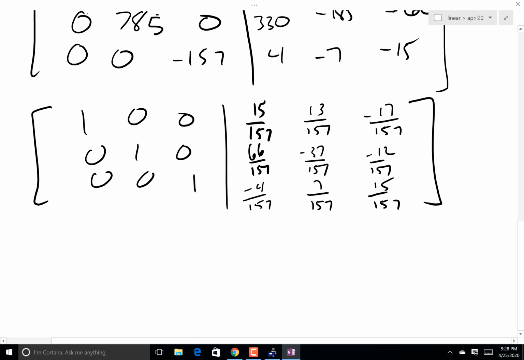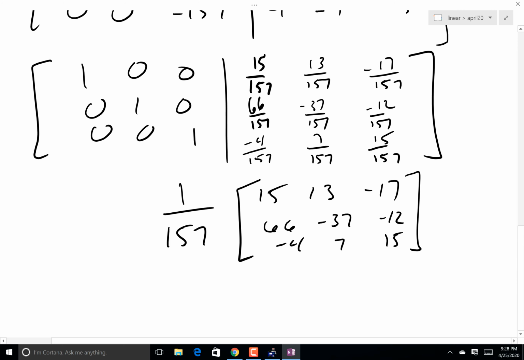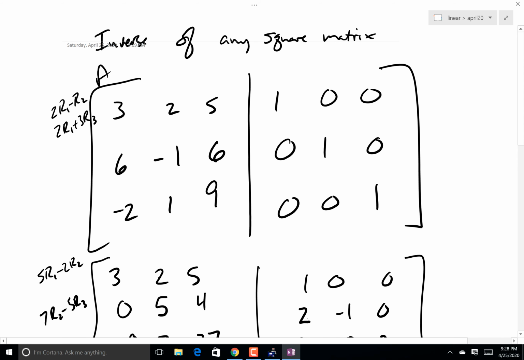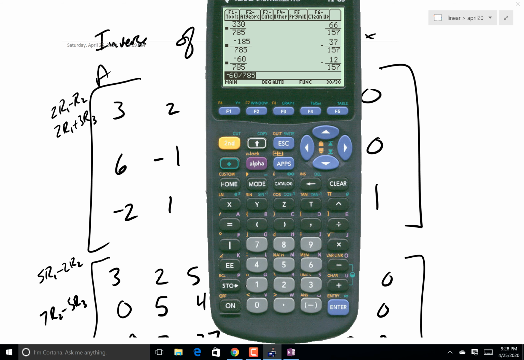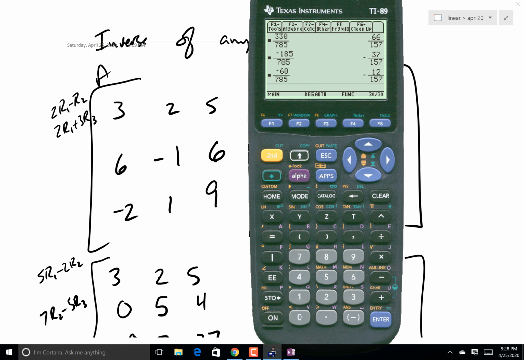So in other words, that right there is my inverse matrix. And I could write it like this. And so it turns out that's kind of a big deal. So what I'm going to do is find the determinant of my original matrix.